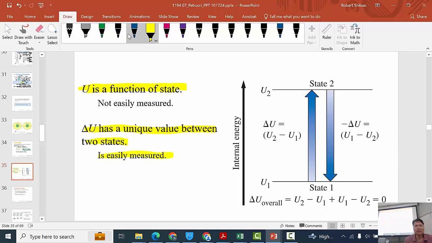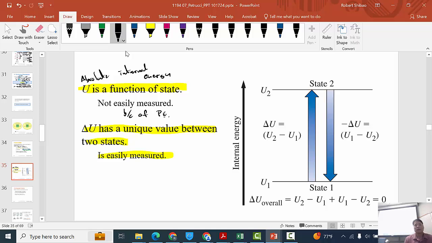U is not easily measured because of the absolute potential energy. The absolute internal energy is not measured, but what we do is we measure delta U.